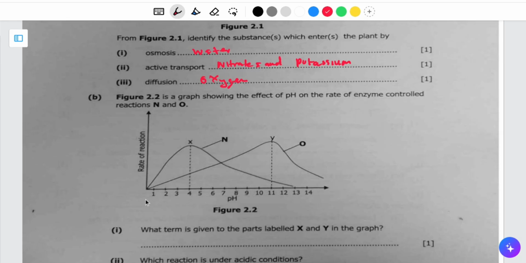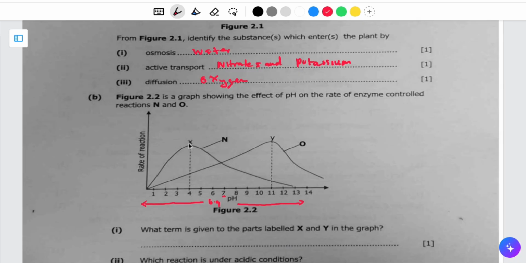The pH from 0 up to somewhere here 6.9 is acidic, and then the pH of 7 is called neutral. Then the pH from 7.9, or we can just say 8, up to 14 is called alkaline pH. So N is operating under acidic and O is operating under alkaline or basic pH.